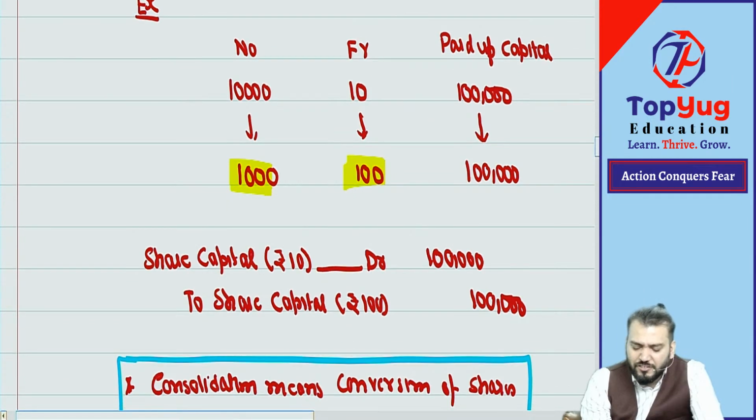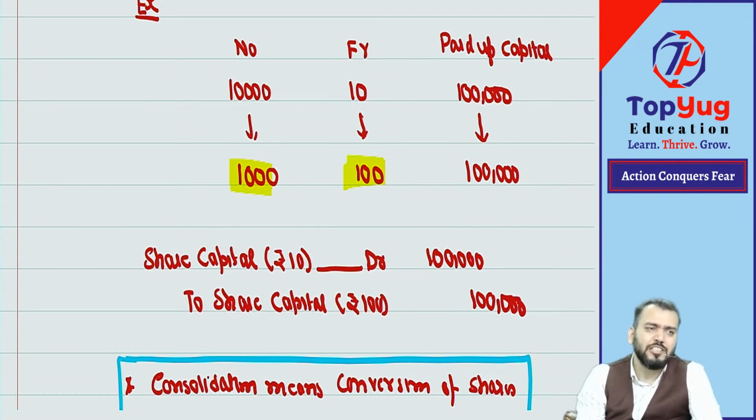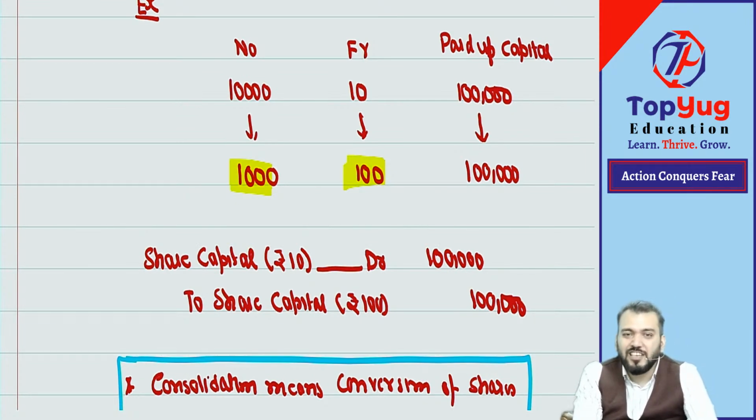Now you may ask, sir, why are we passing a journal entry if the amount is not changed? Practically speaking, you may ignore the journal entry, because 1 lakh remains the same, only there is a conversion of the share certificate.